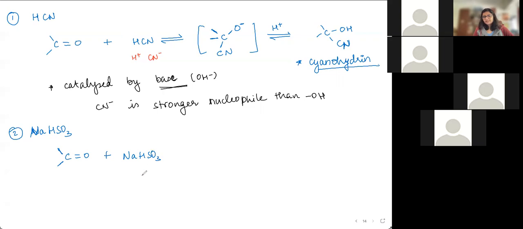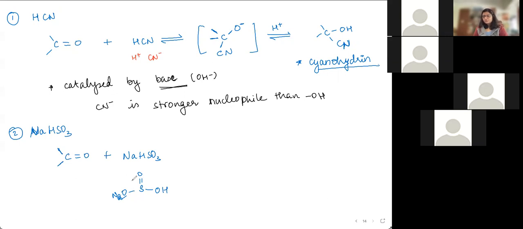So the structure is basically S is central, you have a double bond O. Sulfate has two double bonds. In this case, you have OH here and then ONa over here. So this is the structure for this.